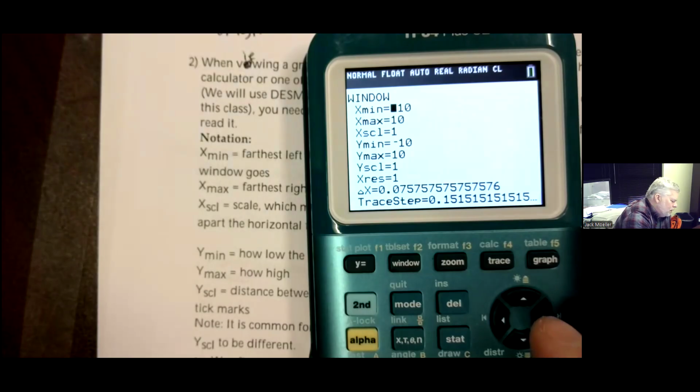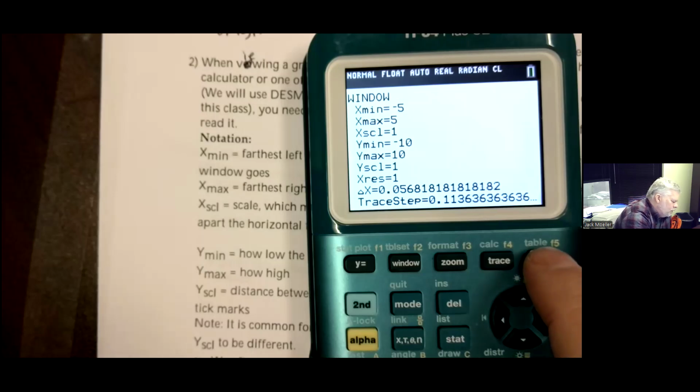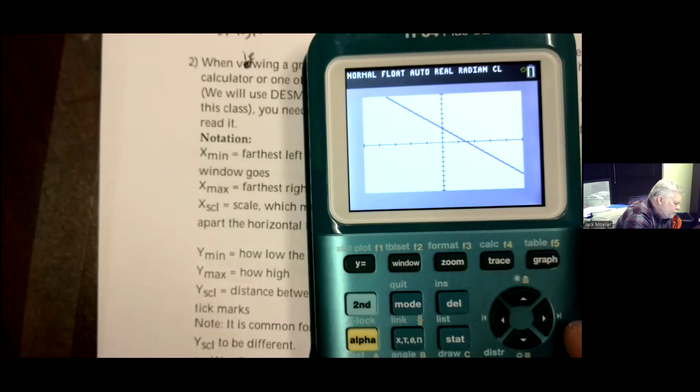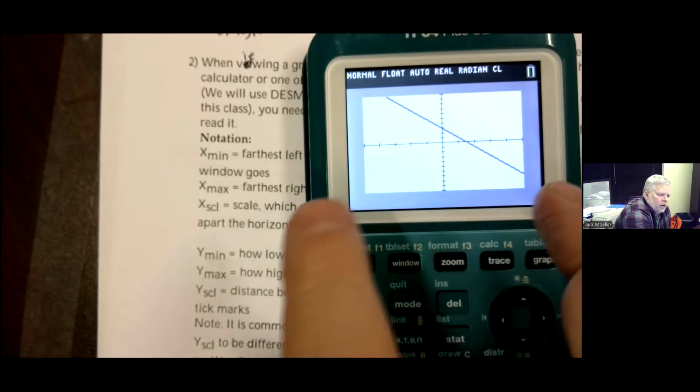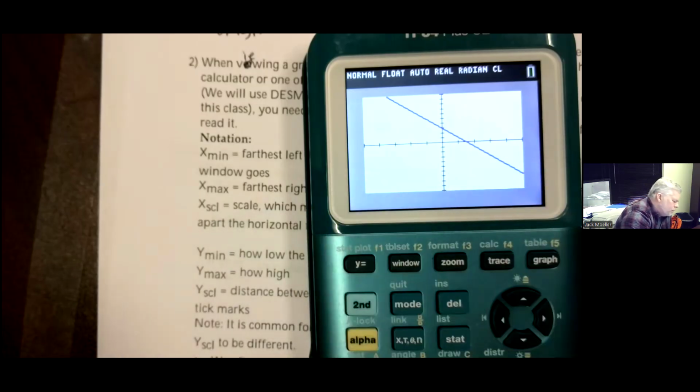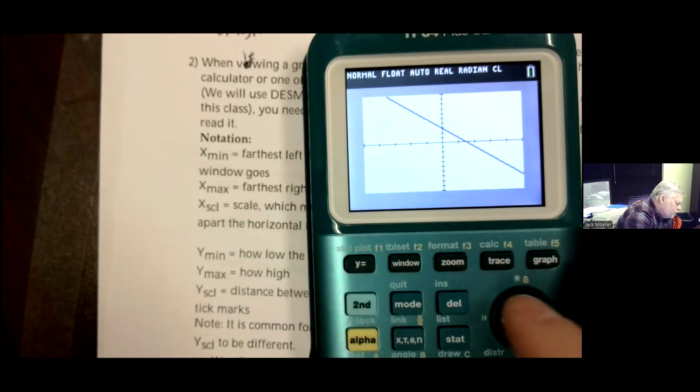If you ever need to change it, you can come in here and manually change it, like if I want to go from -5 to +5, I can go in there and change it. Yeah, so now we're zooming in a little bit in the X direction.